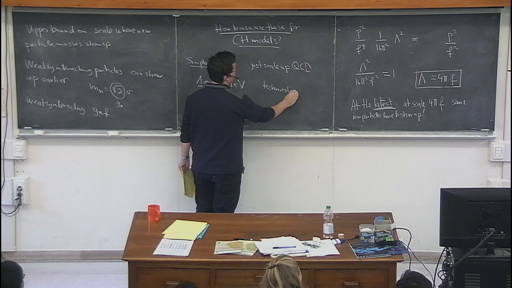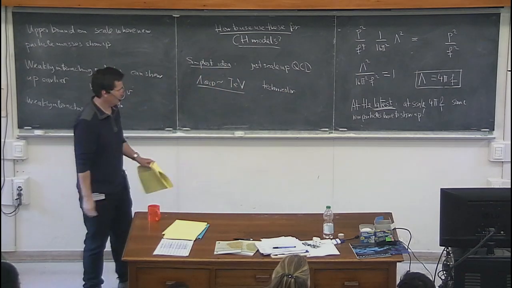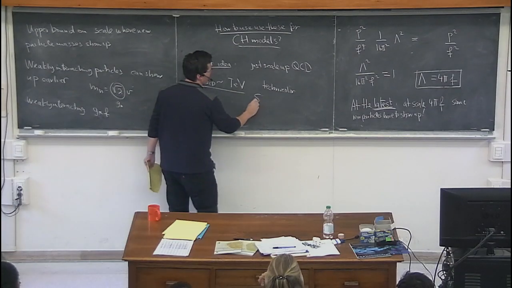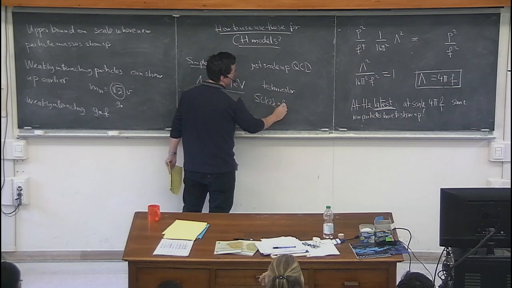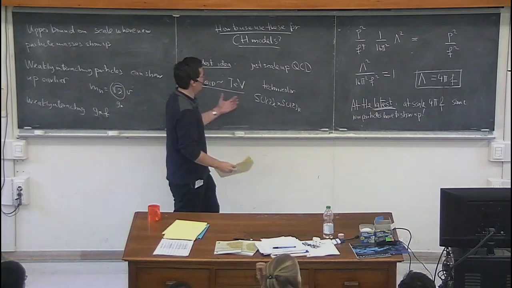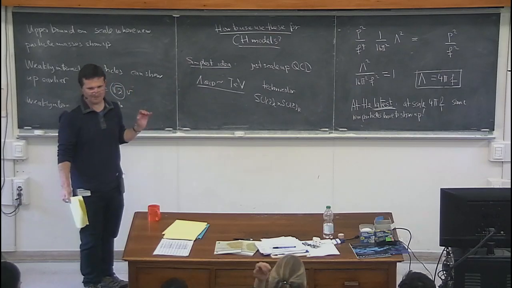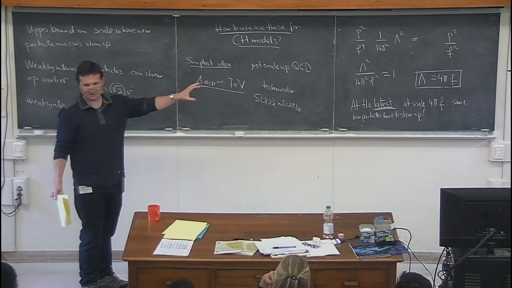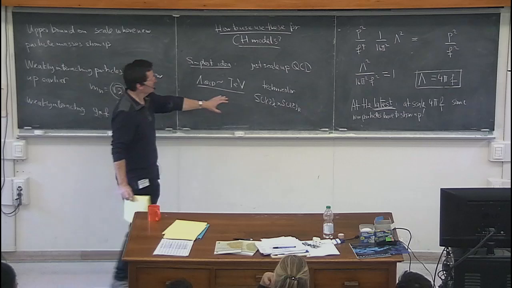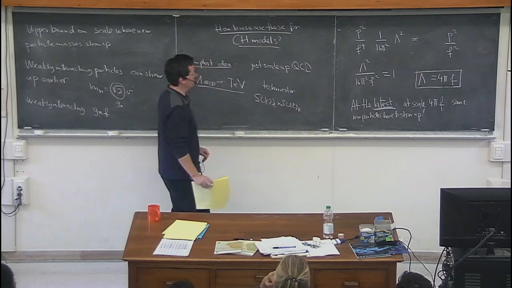Such that this scaled up version of QCD, this Technicolor, would have an SU(2) left times SU(2) right global symmetry, just like QCD, and the quark condensate breaks that global symmetry to the diagonal one. We embed the electroweak interactions, just like for QCD, into the SU(2) left times SU(2) right, and you have electroweak symmetry breaking.